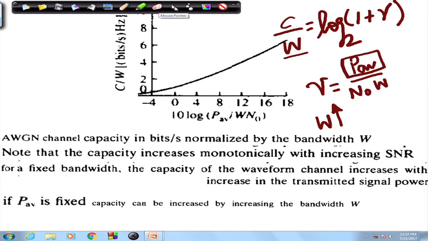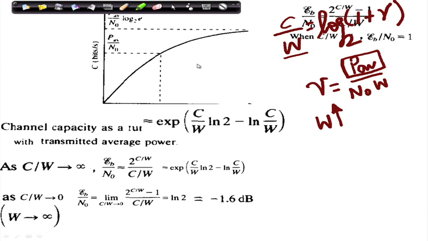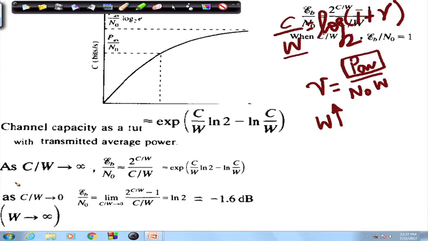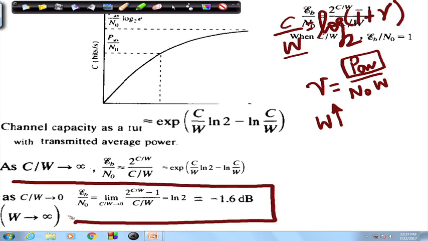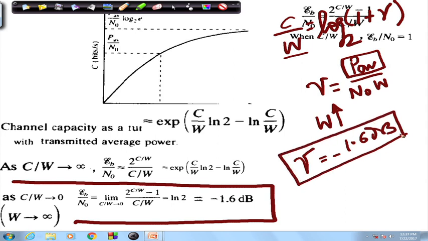I will just show you the end result, and we may go into more detail in the next discussion. If I calculate the limit, what I will end up with is a value of SNR which is minus 1.6 dB. I will do the derivation in the next class.